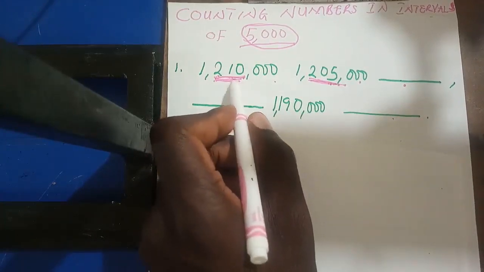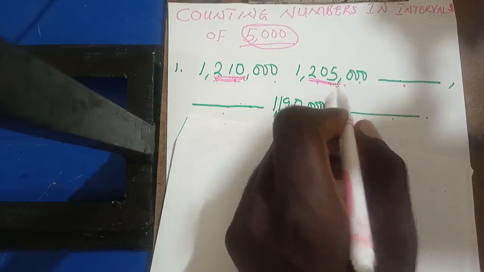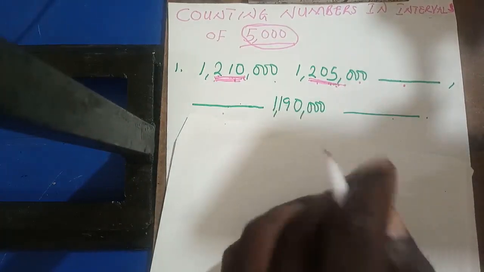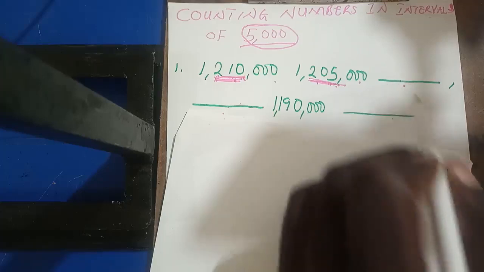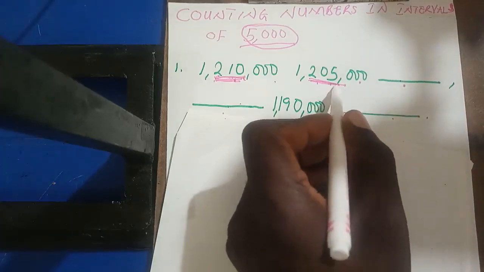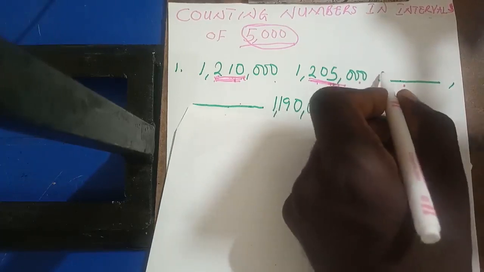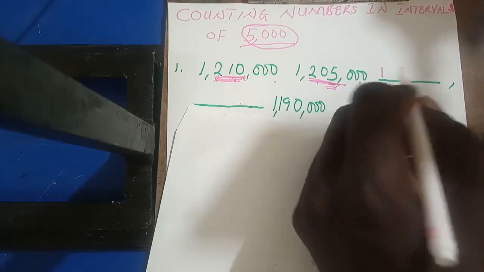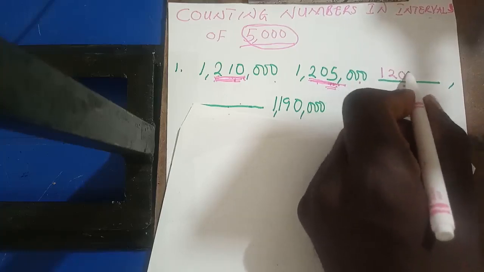You see to it that 10 is bigger and 5 is smaller. Therefore, the numbers are reducing as they go. So the difference between 1,210,000 and 1,205,000 is now 5,000.